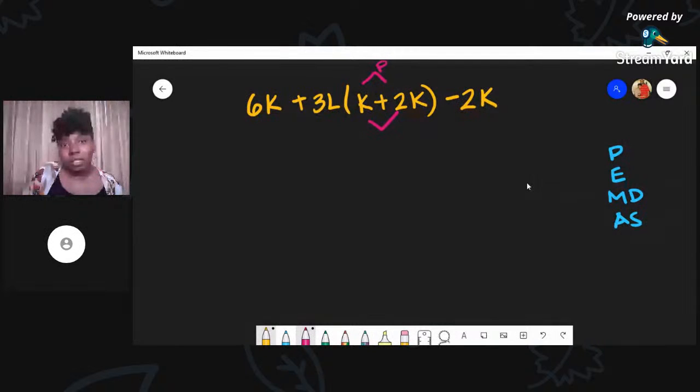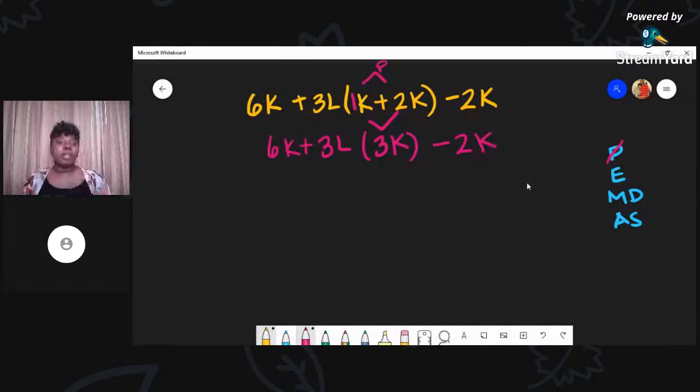A 1. Good. So 1 plus 2, as you said, was 3. All right. Done with the parentheses. Let's bring all this down. All right. So now, what do you see? Okay. So we don't have any exponents. Good.